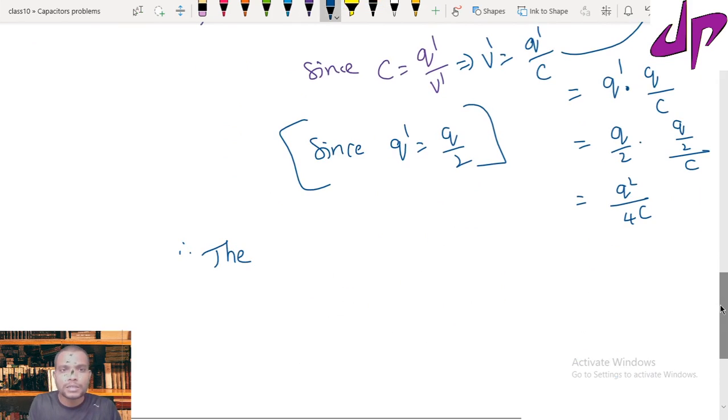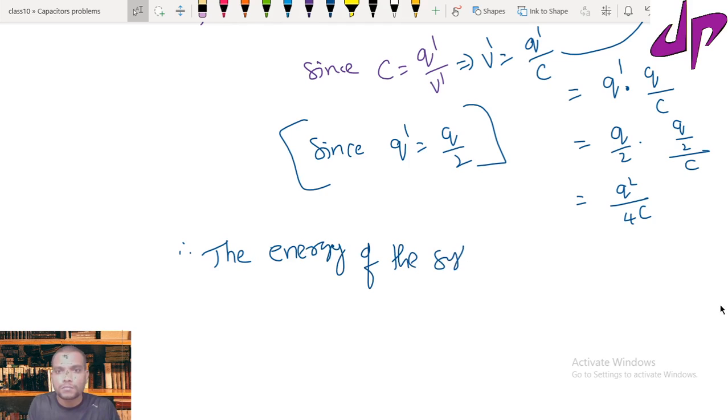Therefore, the new energy of the system is equal to q square by 4C.